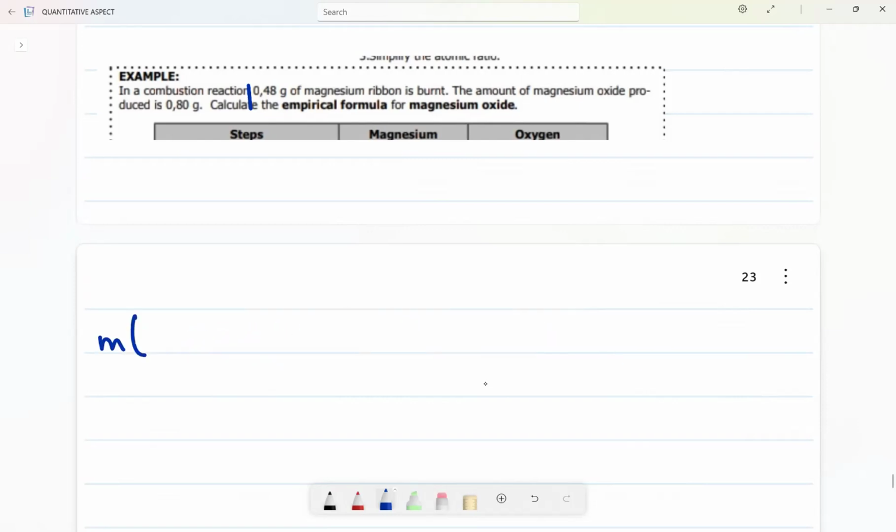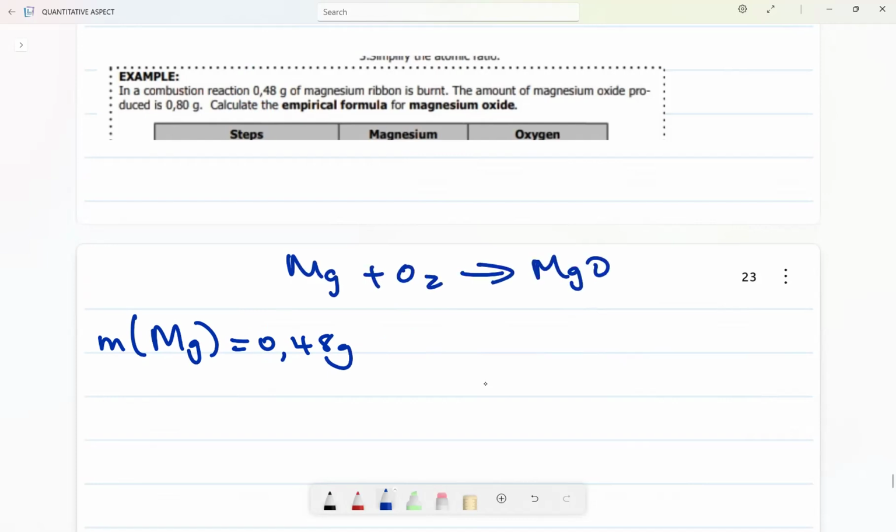The amount of magnesium oxide produced is given. Remember, when magnesium reacts with oxygen, it produces magnesium oxide, and the equation is unbalanced like this. Now we are told that the product is 0.80, and we also know the magnesium is 0.48. How do we get the oxygen?